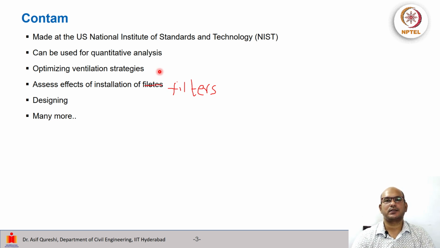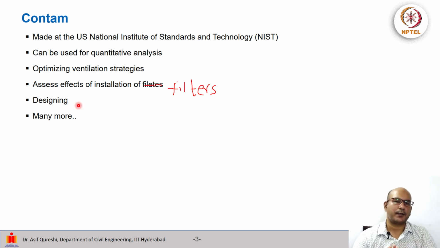And we will look at this in this course as well, very briefly. We can assess the effects of installation of filters also. Which filter is going to give me the quality that I want.